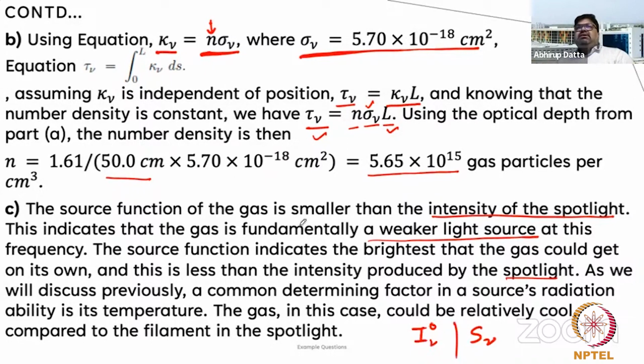It looks a bit complicated, but when you put in the knowledge you already have from the transfer, then it becomes easy. The only new part which we learned over here is that kappa, the absorption coefficient, is the product of the number density of the gas times the cross section. So this is something which we learned new.